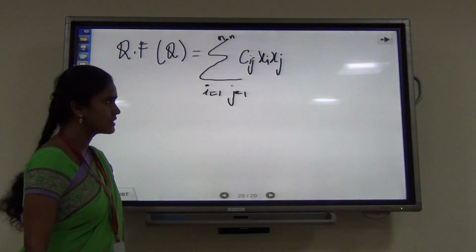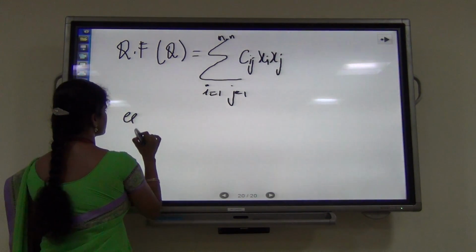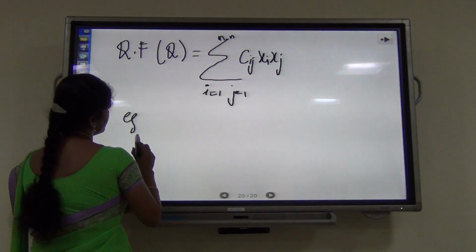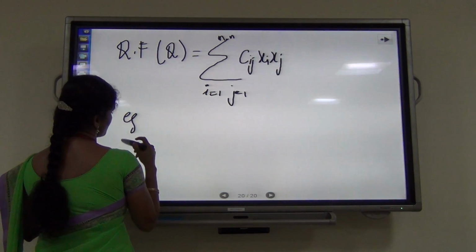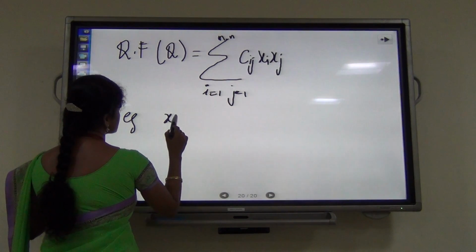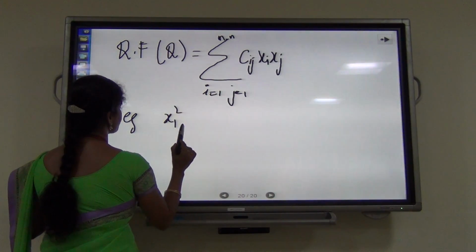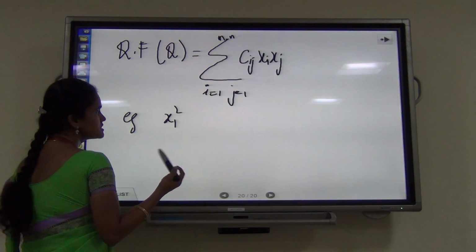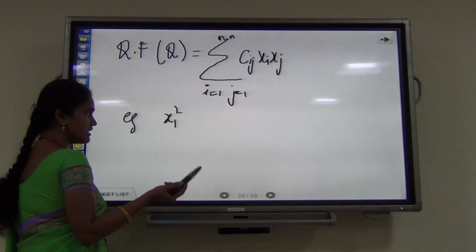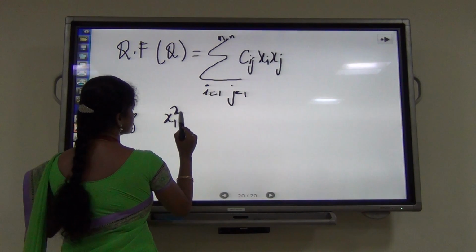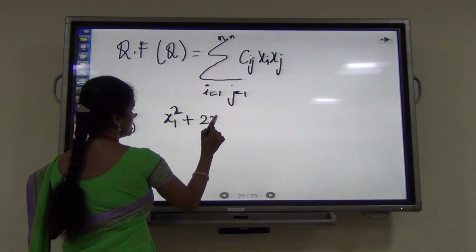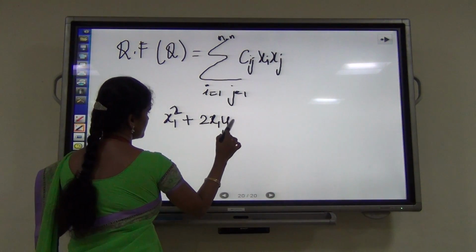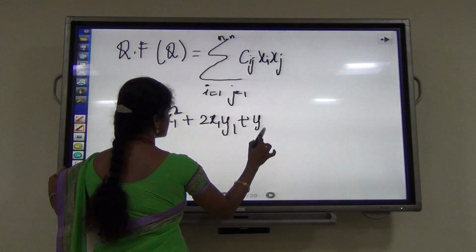Here is an example. We can give a quadratic form as x1 square plus 2x1 y1 plus y1 square.